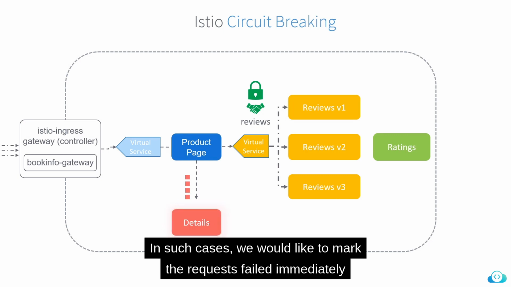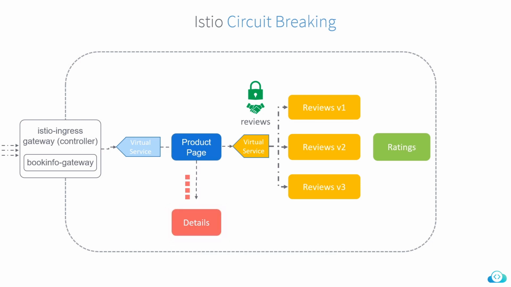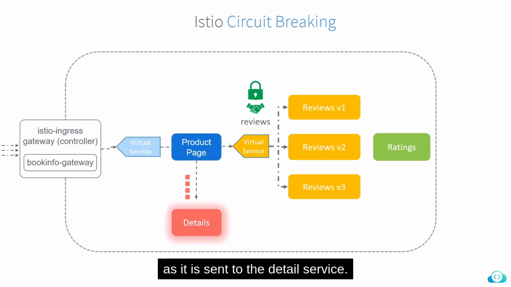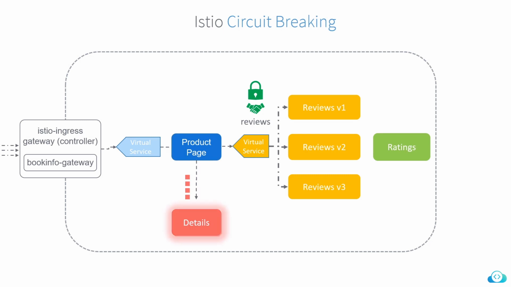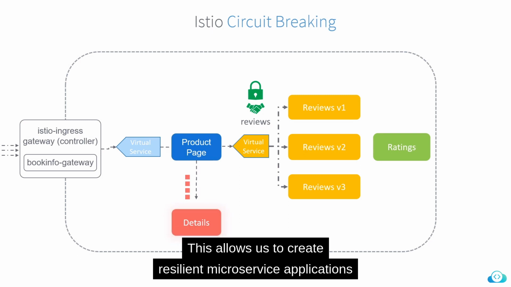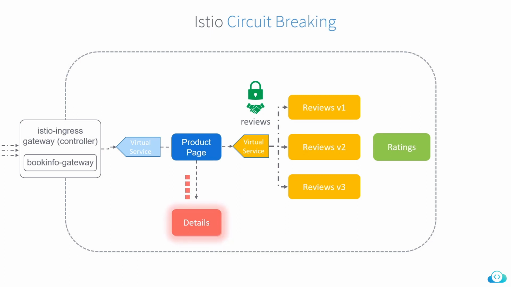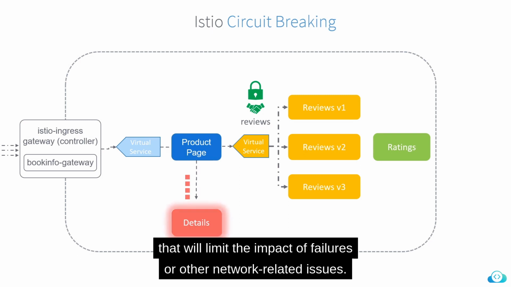In such cases, we would like to mark the requests failed immediately as they are sent to the details service. This is known as circuit breaking. This allows us to create resilient microservice applications that will limit the impact of failures or other network-related issues.